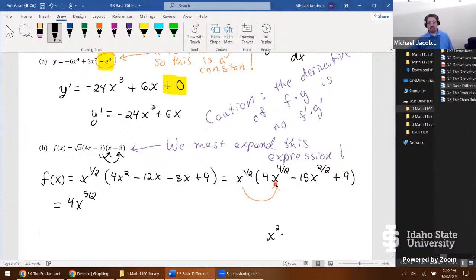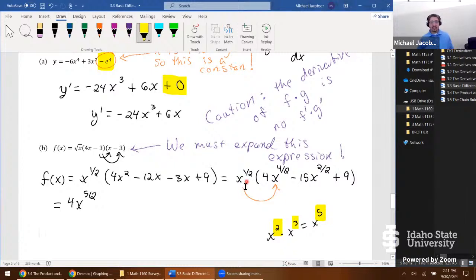If it was x squared times x cubed, we would have gotten x power 5. I made a mistake there, I had to add up my exponents. The exponents just add up in this kind of configuration.